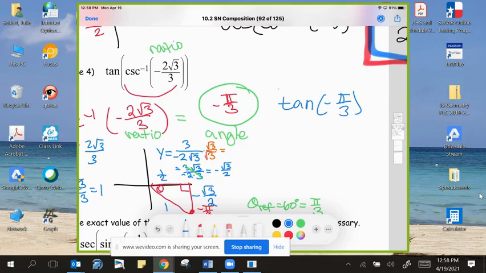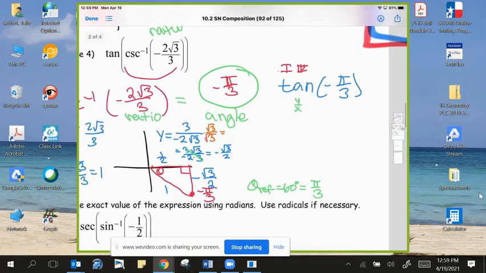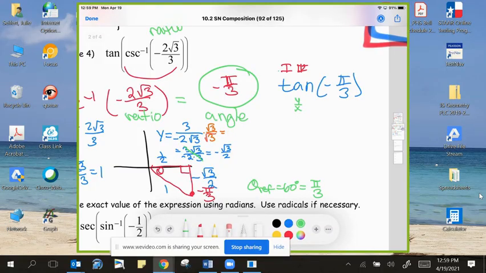We already have the triangle. Tangent inverse again can fall in quadrants 1 and 4, which is good because we're in quadrant 4. Tangent is y over x. Our y value is negative root 3 over 2. That x value is 1/2.